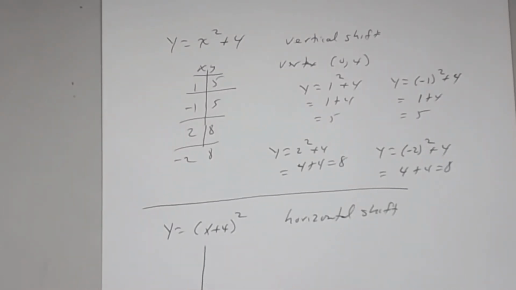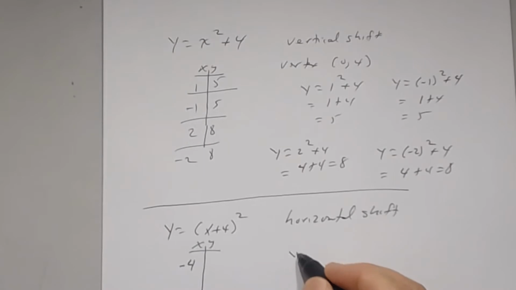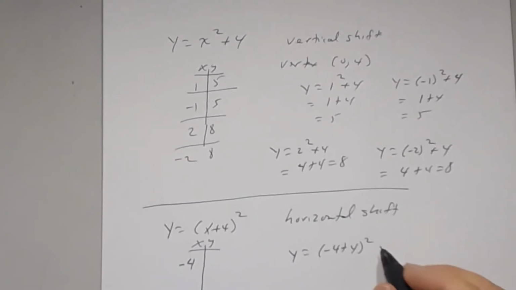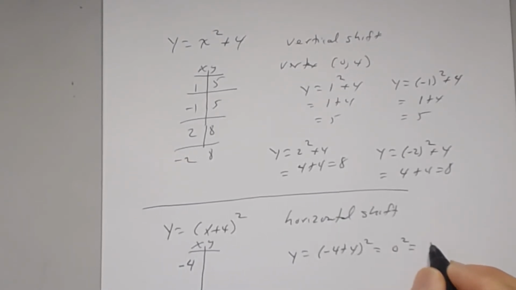Again, don't worry about where I'm getting these x values from. Just write them down. If x is negative 4, I get y equals (negative 4 plus 4) squared. What's negative 4 plus 4? Zero, and 0 squared is 0.